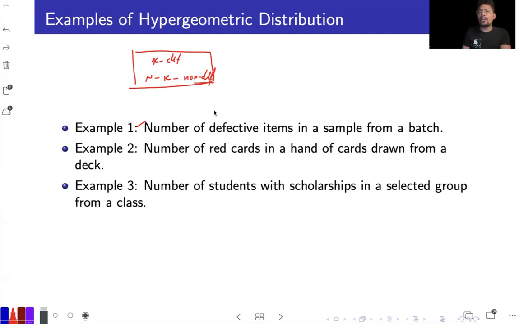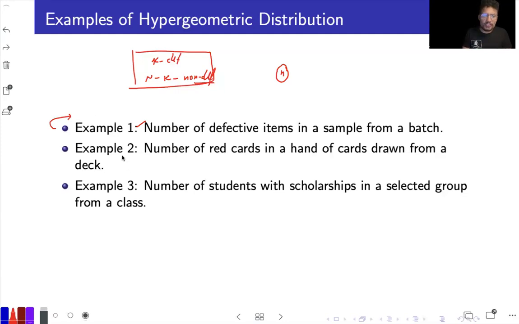And we have to count the total number of defective items in our sample of size n. You won't be checking the complete batch, but in quality inspection, they take out maybe n observations from the complete population, a sample of size n without replacement, and then check how many defective items they find. Correct? So that is an example of the hypergeometric distribution, or this kind of setup can be arranged using the hypergeometric distribution.